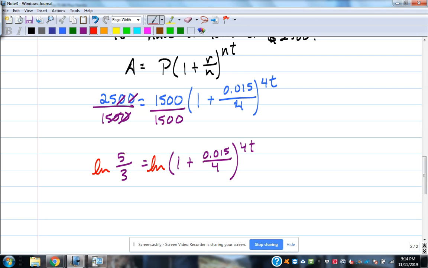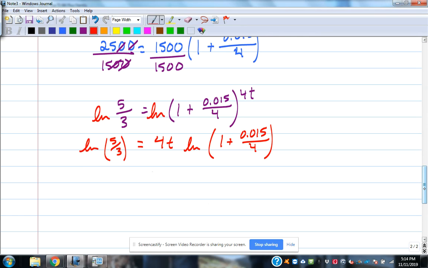So if I take the natural log of each side, that'll allow me to take the 4t down, and I'll get natural log of that junk, 1 plus 0.015 over 4. And then on this side, I got natural log of 5/3. And I want to get t by itself. So what's going on between 4t and this natural log stuff?